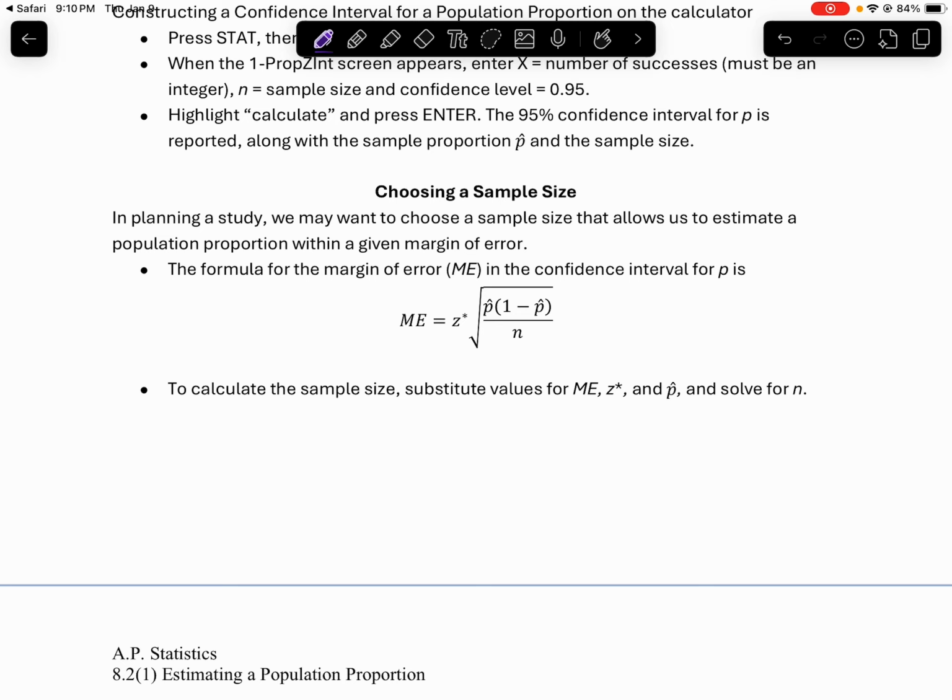So here's the formula for the margin of error within the confidence interval for p. So ME is margin of error. We still have it equals our critical number times the square root of p hat times 1 minus p hat all over n. When we're going through this, we want to solve this for n, since n is our sample size.